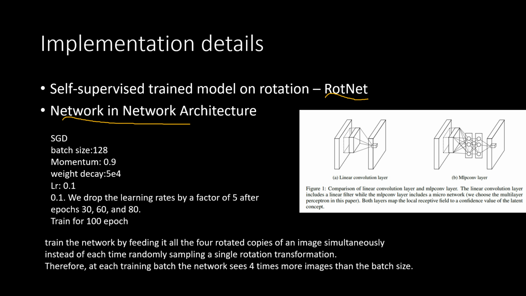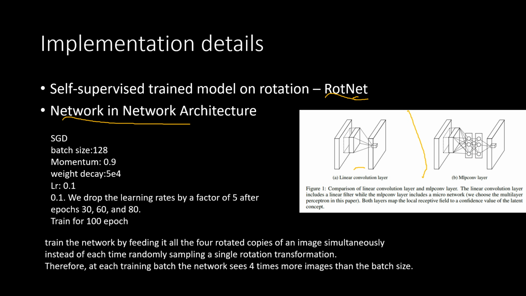Let's see the implementation details. So basically, the model that you train using RotationNet in an unsupervised or self-supervised way, you can call it a RotNet model. And here the authors have used the network in network architecture. So what is it actually? In this picture, on the left is a normal linear convolution layer where we have a local receptive field, and we do a conv operation which is mapped to an output in the feature map.